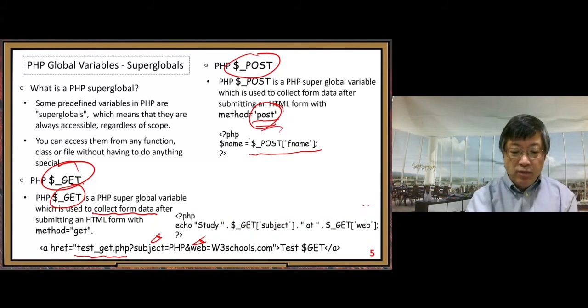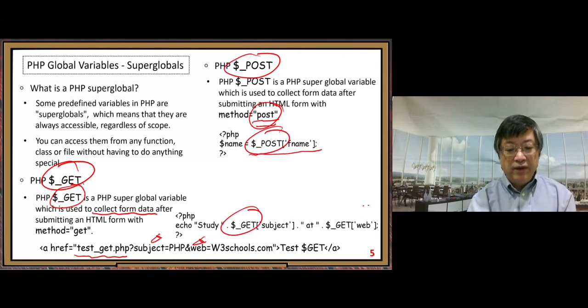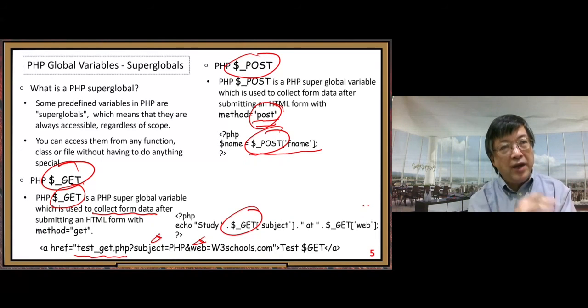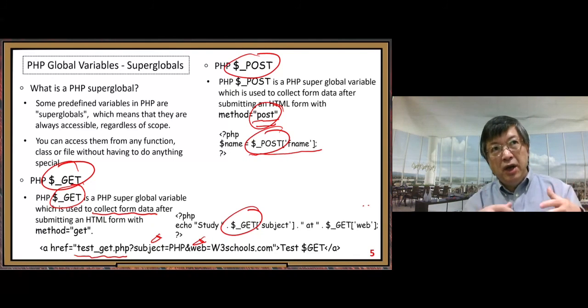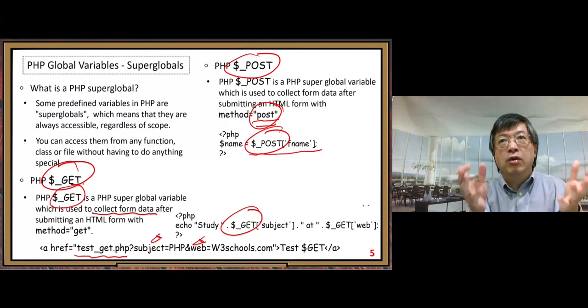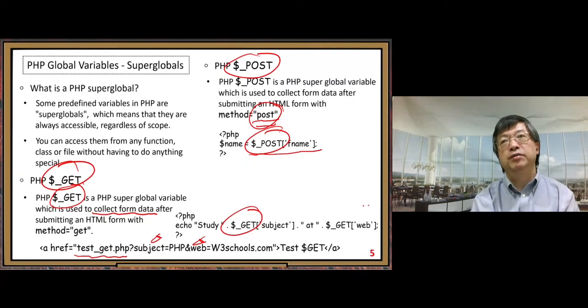The way we use super global to retrieve data is insecure, because the data that your user sends could contain some harmful code, some embedded attack.